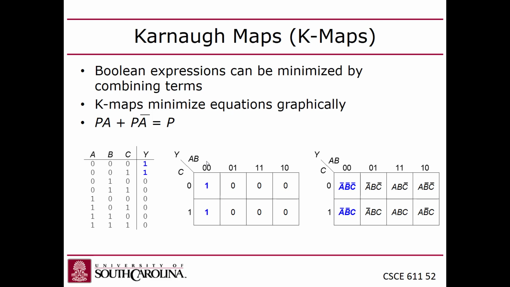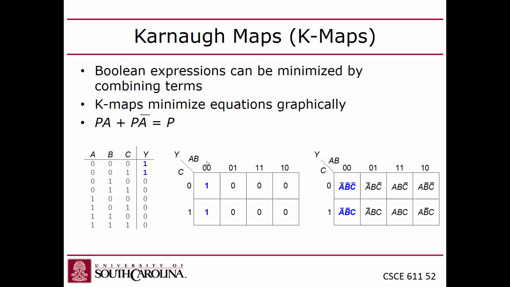So in this case, I can circle these two, and the reason you do that is because if you circle these two ones, you can see it creates a rectangle that spans both values of C, meaning that C is redundant in this case. So this is equivalent to just y equals AB. Everyone with me?